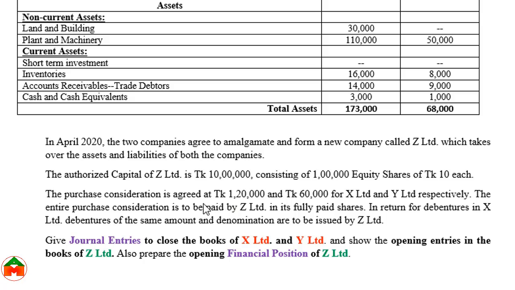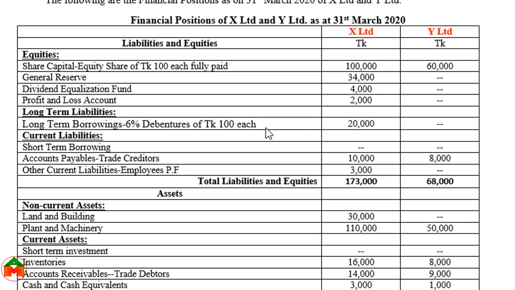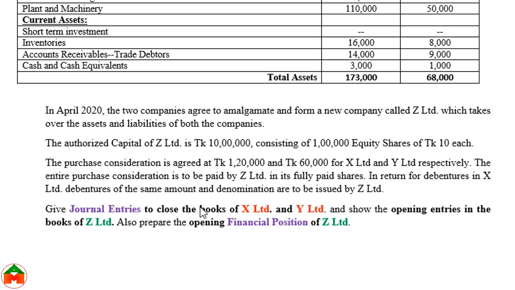This purchase consideration will be provided by issuing shares. In return for debentures in X Limited, that means there are some debentures in X Limited, 6% debentures, 20,000. These debentures will be paid by the X Limited with the same amount, and denomination are to be issued by the Z Limited.